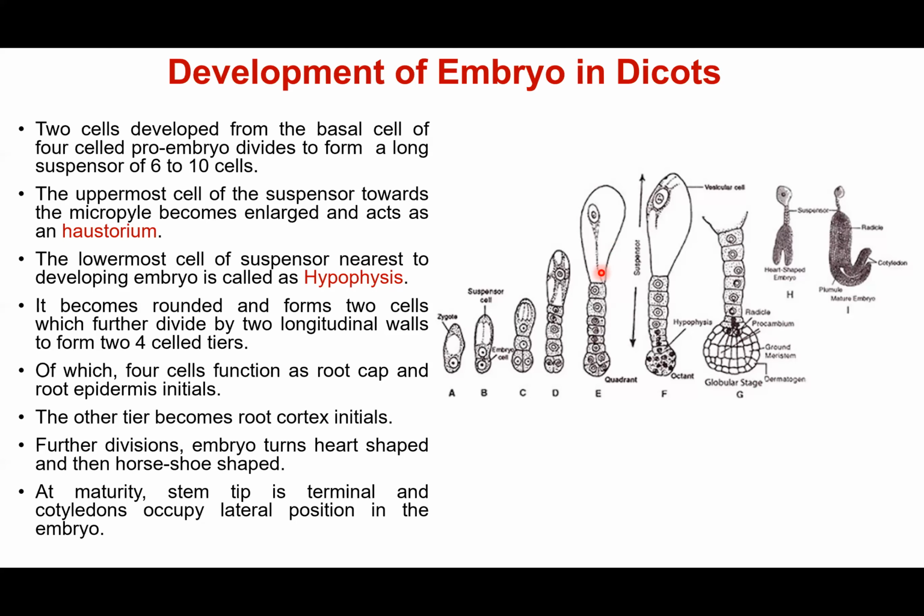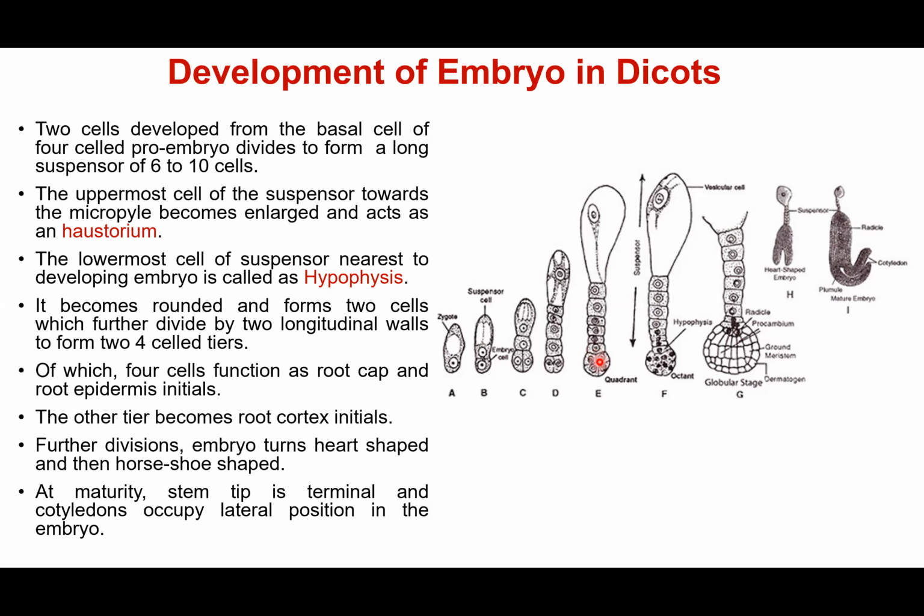As so many changes are happening here, all these growing cells need the required nutrition for their growth. So this acts as a haustorium and derives nutrition from the surrounding tissue and provides it to the developing tissue here.